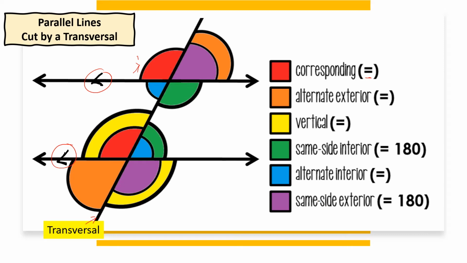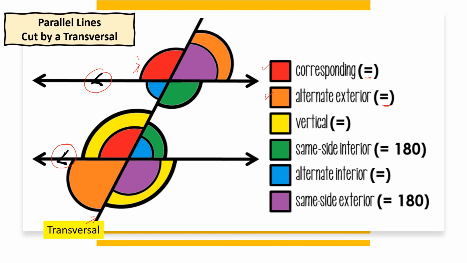Next you have alternate exterior. So think exterior, they're on the outside of the parallel lines. So in orange, they're on the outside of the parallel lines, and they're on opposite sides of the transversal here. So alternate exterior: outside of the parallel lines, opposite sides of the transversal, and those have equal measure as well.